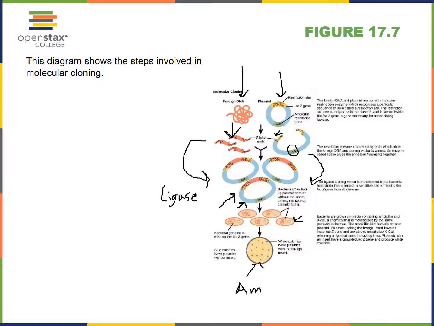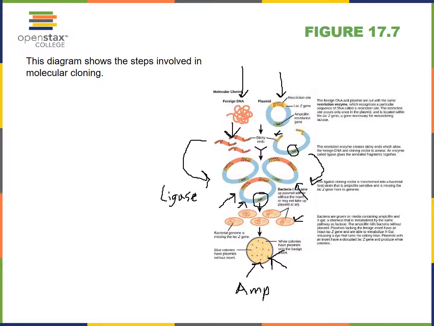It will kill most bacteria. But if these bacteria have our plasmid with the human insulin gene in it, this also gives them ampicillin resistance. So if you plate them on a plate with ampicillin, this is known as selection.